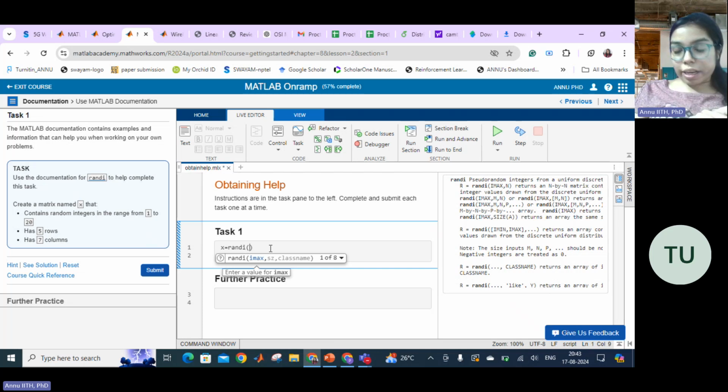We already saw what a uniform distribution is, and then a normal distribution. RAND itself is also a uniform distribution that only generates values between 0 and 1. But here, I max is 20, with 5 rows and 7 columns. So let's run it first.